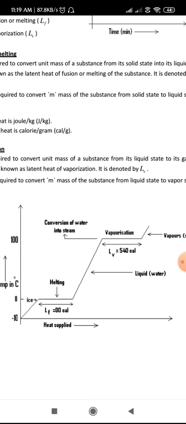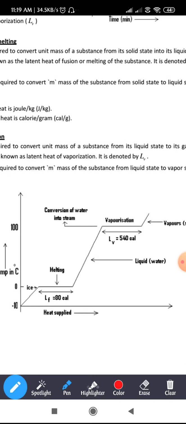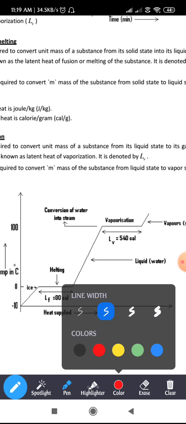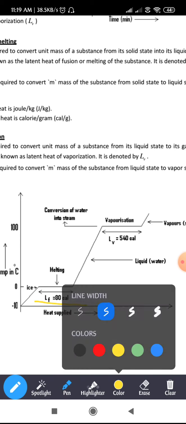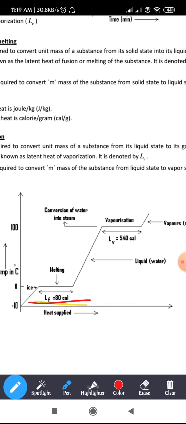Next, after reaching 0 degrees Celsius, what happens? The ice gets converted into water, from 0 degrees Celsius ice to 0 degrees Celsius water. You can see the amount of heat required is 80 calorie to convert ice at 0 degrees Celsius to water at 0 degrees Celsius.